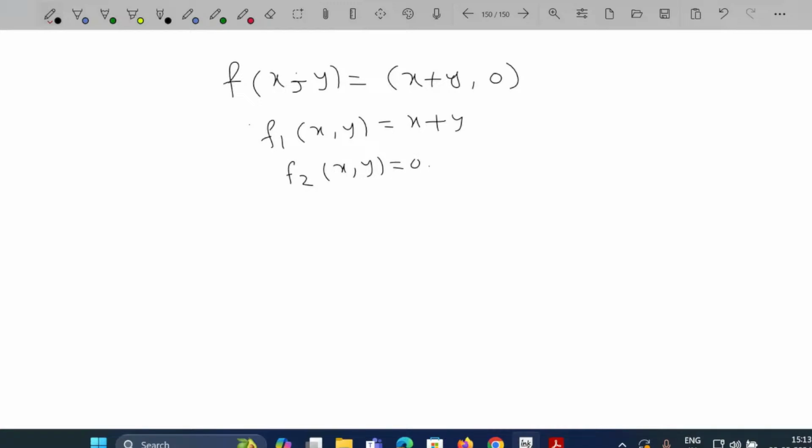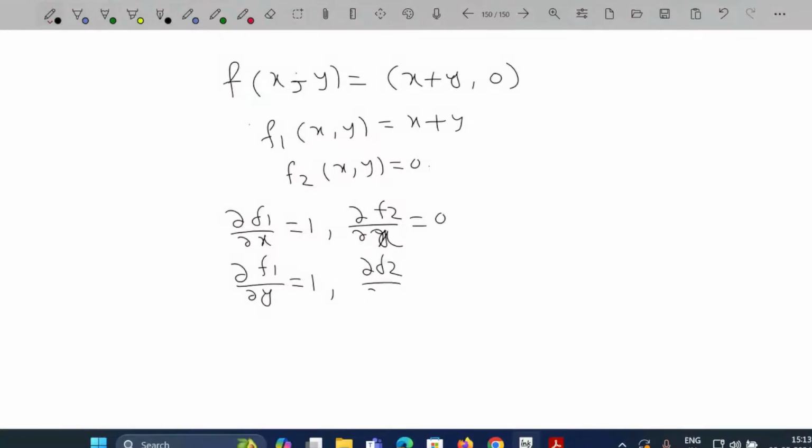Del f1 del x is 1. Del f2 del x is 0. Del f1 del y is 1. Del f2 del y is 0.